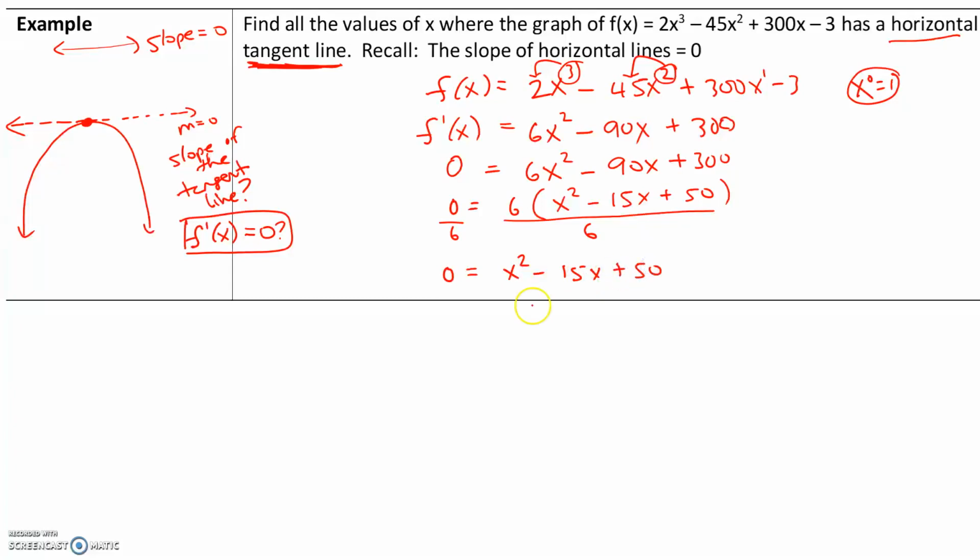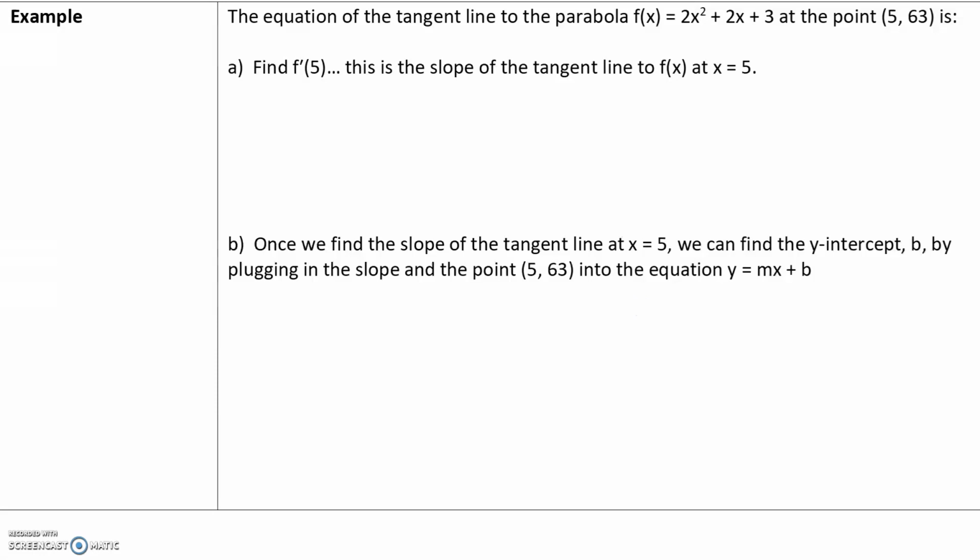At this point, I can either solve this by factoring or using the quadratic formula. I'm going to choose to factor. If I multiply 1 times 50, it's 50. The middle term is negative 15. The two numbers that multiply to 50 and add up to negative 15 are negative 10 and negative 5. So when I factor this, it becomes x minus 10 times x minus 5.